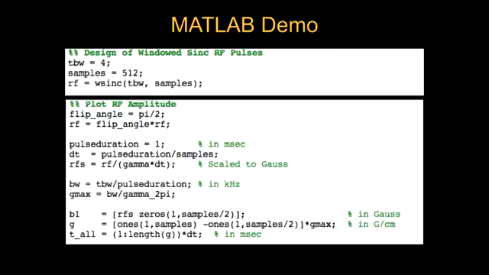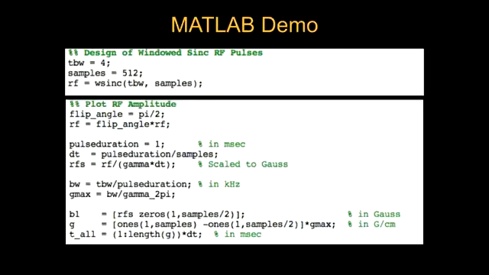Time bandwidth product is pulse duration times bandwidth, so the way to calculate the bandwidth is TBW divided by pulse duration. And Gmax is also determined like that. And here is the plotting portion. So you have RF, and then there is a refocusing pulse, which is half the duration of that, and then this is the time information.